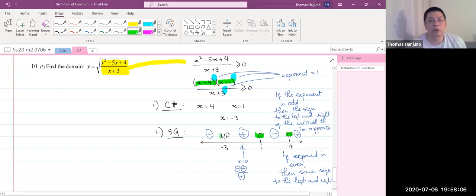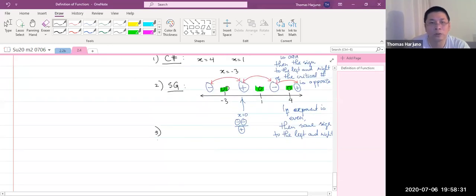Because the exponent of x plus 3 is an odd number, the signs here are opposite. Because 1 is a zero with odd multiplicity, odd exponent, it changes the sign. Now let me finish this question. For the solution, I need greater than or equal to 0, which means positive or 0. So the domain will be from -3 to 1 union 4 to infinity.